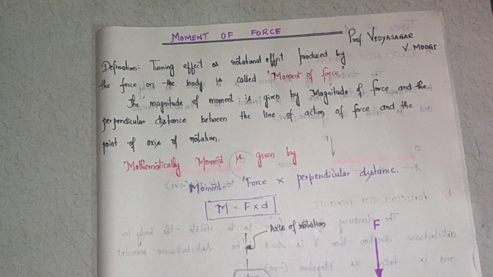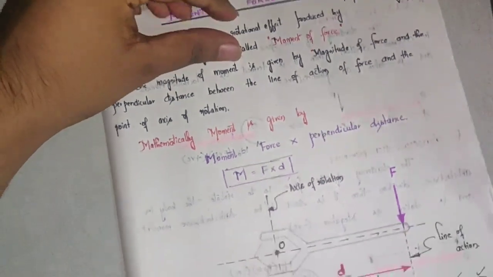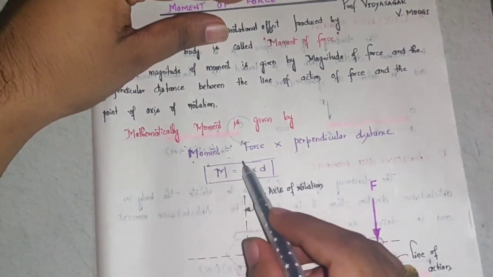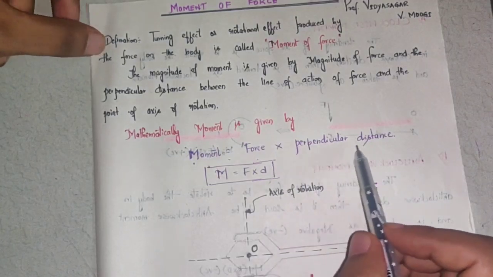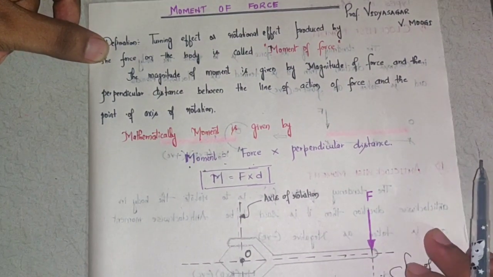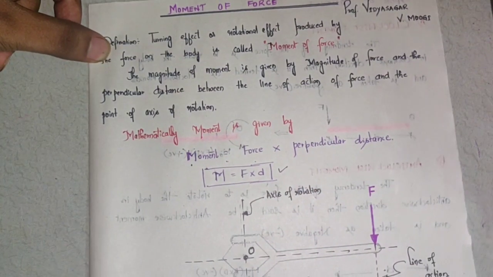So how do you represent moment mathematically? Mathematically, moment is represented by moment equal to force into perpendicular distance. So it is M equal to F into d.